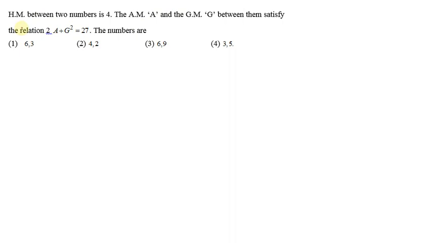The harmonic mean between two numbers is 4. The arithmetic mean is a, the geometric mean is g, between them satisfying this equation, 2a plus g square is equal to 27. Okay, so for the harmonic mean of two numbers, let a and b be the two numbers, and 4 is equal to 2ab by a plus b. This is the harmonic mean. Now come to one more.